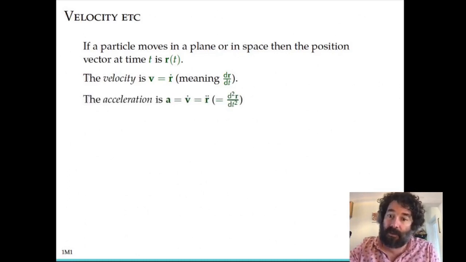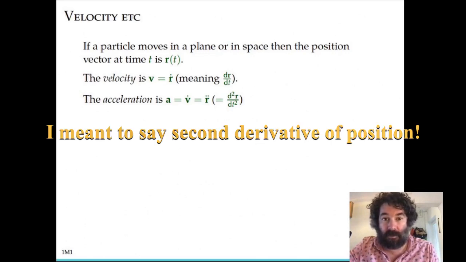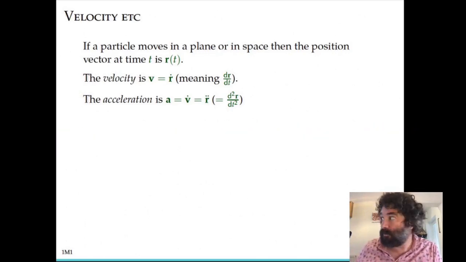Then we have the acceleration of the moving particle, which is the second derivative of the position. We write r with 2 dots over it for the second derivative, or we write v with 1 dot, since acceleration is the first derivative of the velocity. Once again, you just differentiate each of the components of the vector separately.